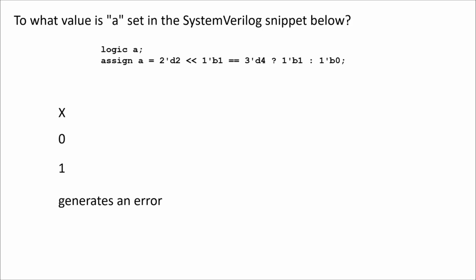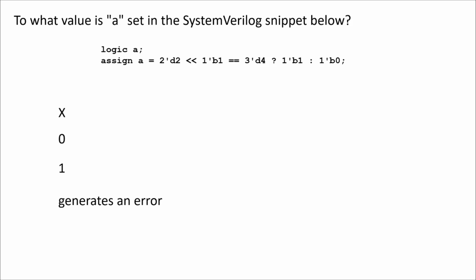Now, I'm assuming that the operator precedence will do the shift before it'll do the double equal. I think that's a safe bet. I have a table in the slides that shows the precedence, but I'm assuming that's going to be the case. So 2 times 2 is 4, and we're checking to see if 4 equals 4, right? So 4 does equal 4.